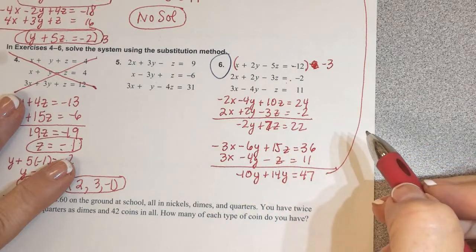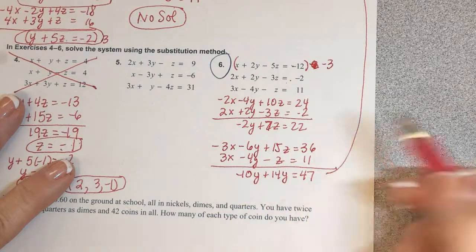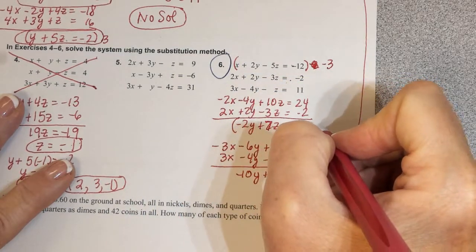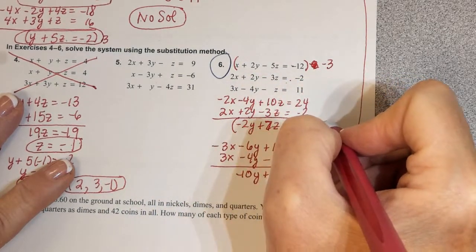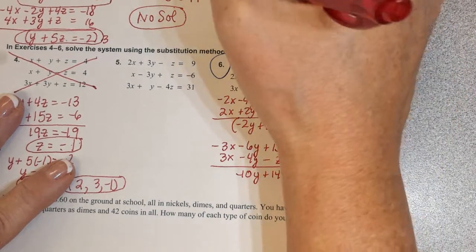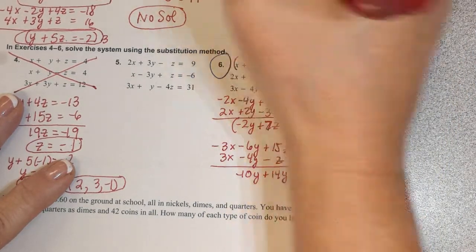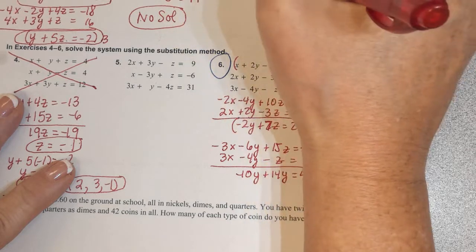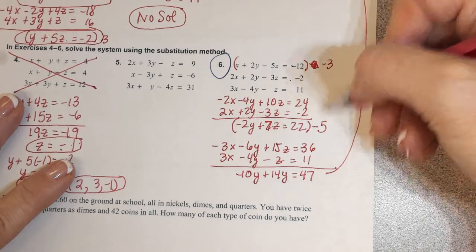So let's see, what's easiest to eliminate? Y and z is pretty equal. I think I'll do the y's though. To do the y's, I want to get a positive 10 on this one, so I'm going to multiply by -5. So now I'm going to have 10y minus 35z equals negative, what is that, 110?